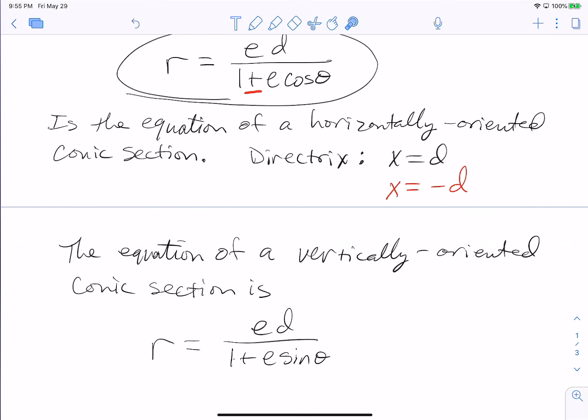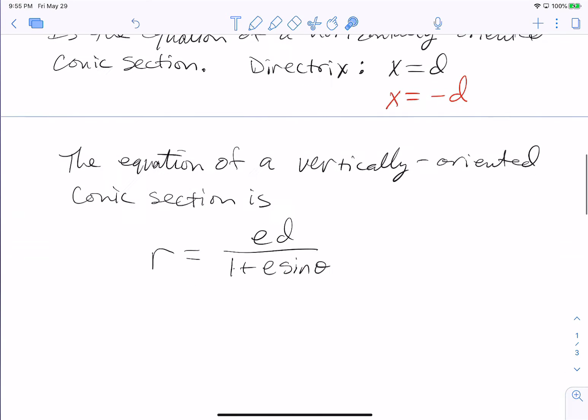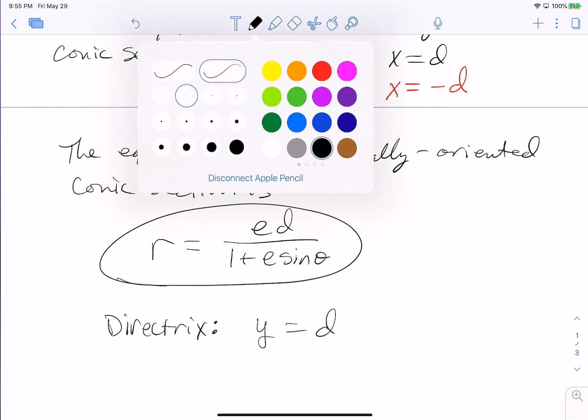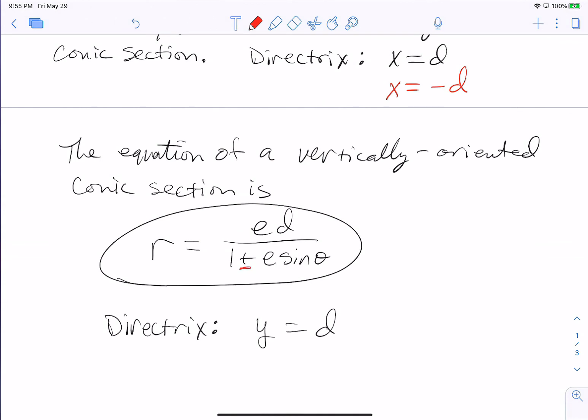It's identical to the previous one, except that there's a sine instead of a cosine. The directrix would be aligned with the equation y equals d. And as before, if this was 1 minus e times the sine of theta, then the directrix would have equation y equals negative d.